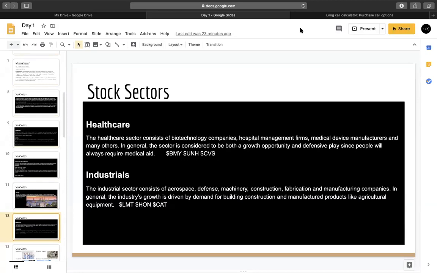I was looking at UNH the other day. We had that bull flag. So in my mind, I was already thinking UNH is a defensive play, within the healthcare sector.